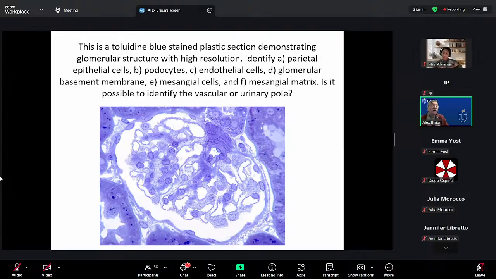And it also could be used to prepare for doing electron microscopy, which for renal pathology is a very important procedure. Doing electron microscopy is not an academic exercise for us to study histology and understand it. It's actually part of the way actual kidney biopsies are done in real life. So here's a plastic section of a glomerulus, and you could see details which are not visible easily otherwise.